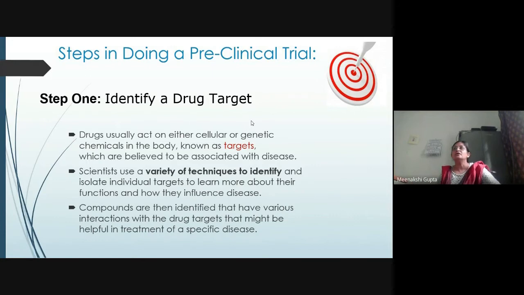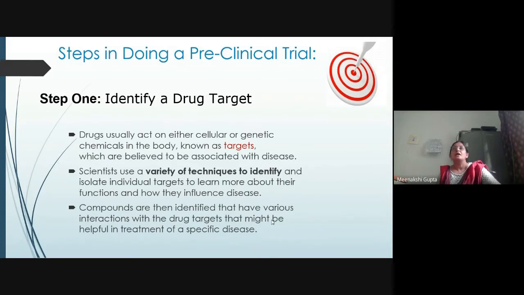For example, gangliosidosis is a neurodegenerative disease. In this, the neurons get degenerated or damaged because of the storage of a particular substrate in the cell. Gangliosidosis is a type of lysosomal storage disorder.